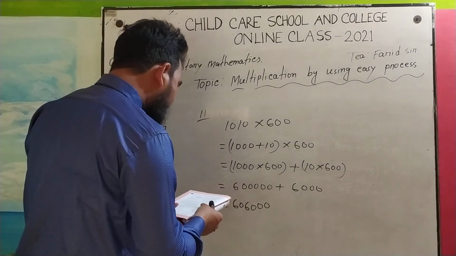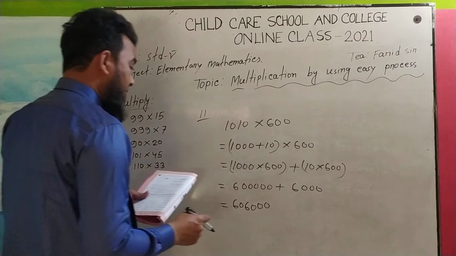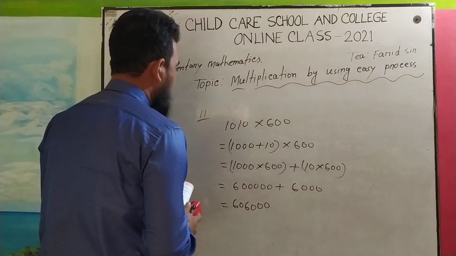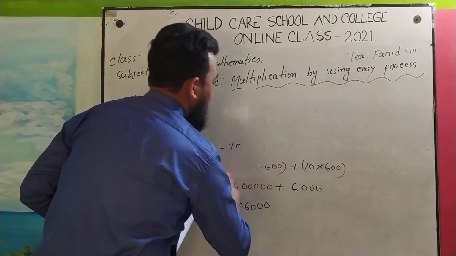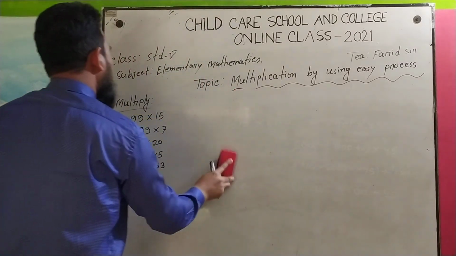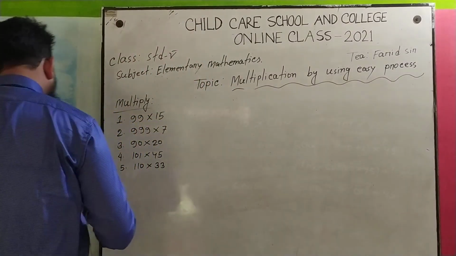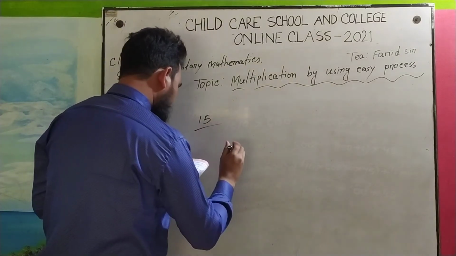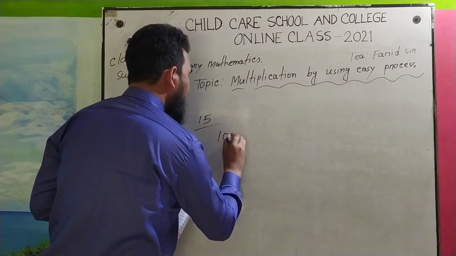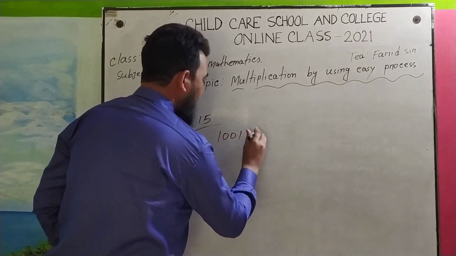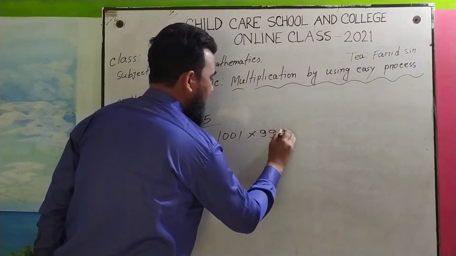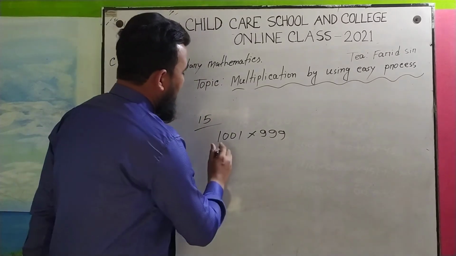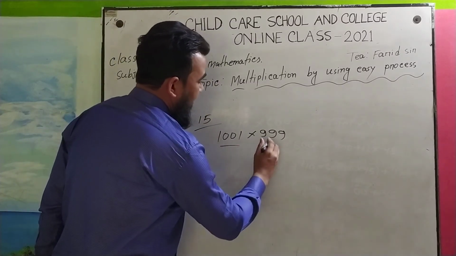there is some difference. Practice number 15. Look here, 1001 multiplied by 999. Now you can easily do this. You can do this from the start, here or here.